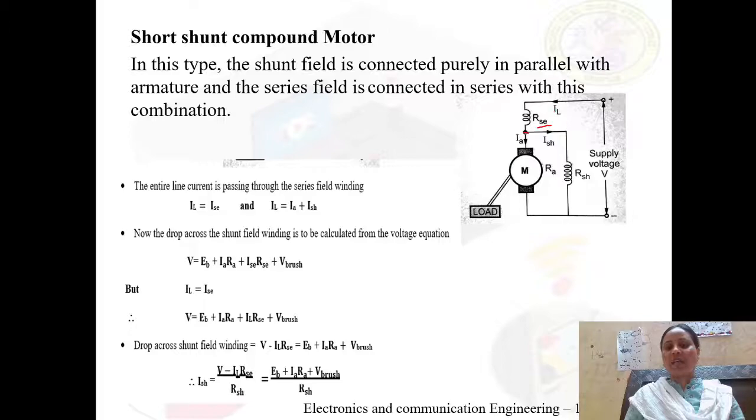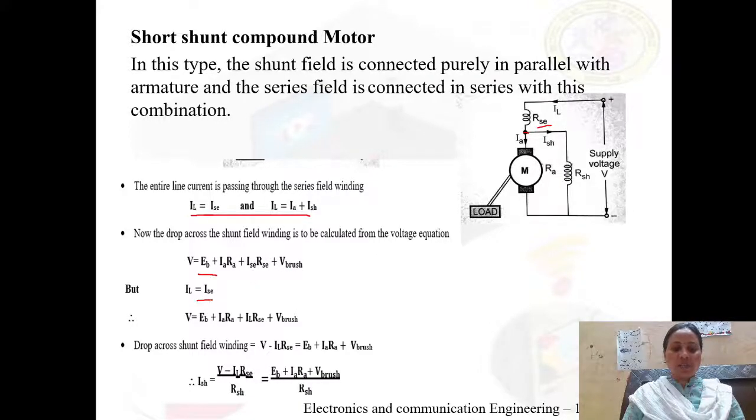Therefore, IL can be expressed as IA plus ISH, but IL will also be equal to ISE, that is the series field current. So IL is equal to ISE and IL is equal to IA plus ISH. The expression for the voltage we can write as V is equal to EB plus IA RA plus ISE RSE plus V brush.